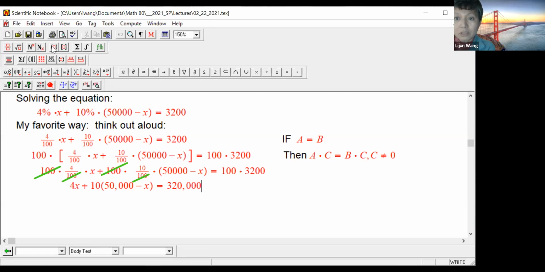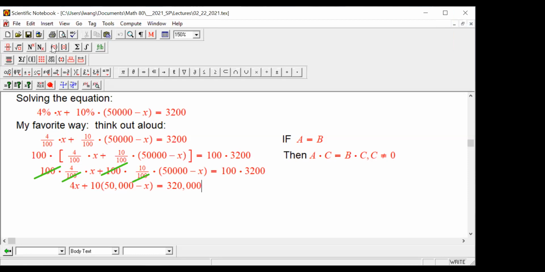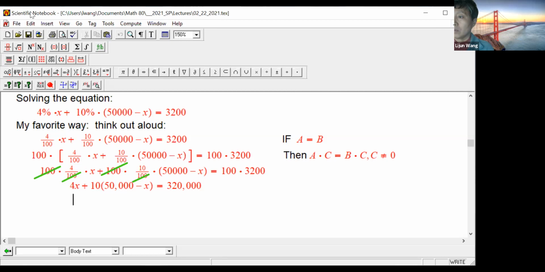This is still considered scratch paper work, and I will show you my version of it. You don't have to show everything here, but you need to know everything. Do you guys follow me? Yes. Okay. Now I will distribute the 10 to the parentheses.